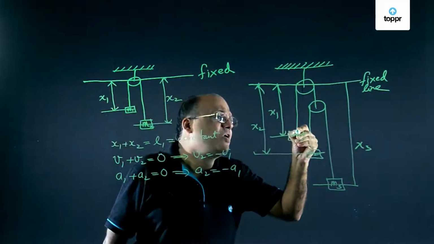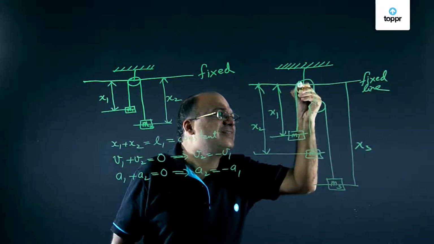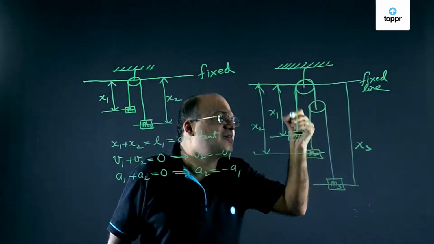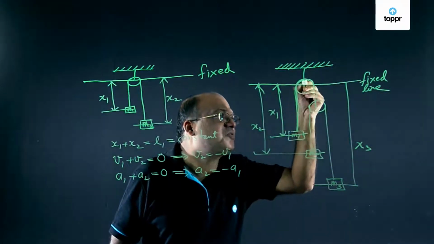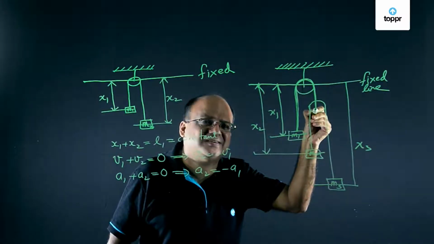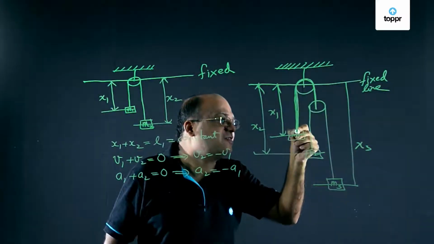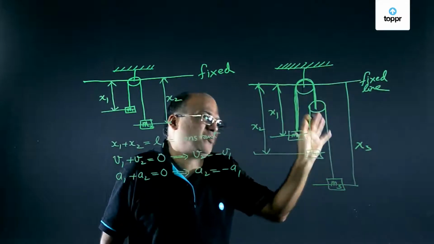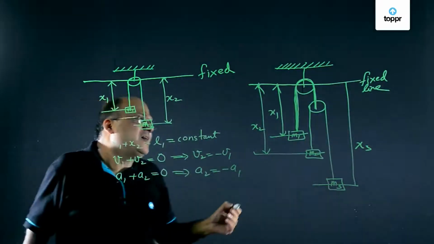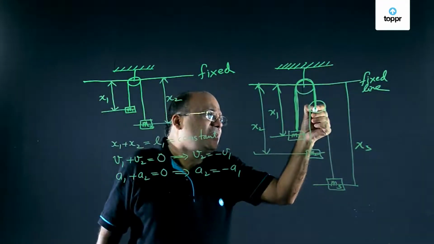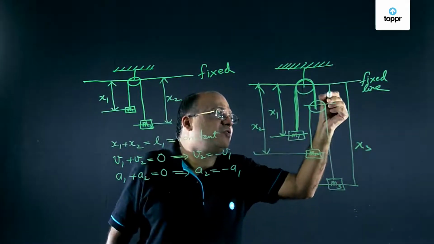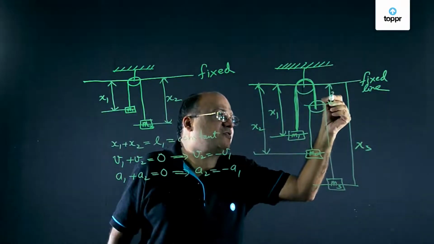Now we'll write the equation for each string. This string starts from here, goes down like this and ends here. So the length of this string is this plus this, approximately. Now this is a pulley. This distance also, we have to give it a variable name, so we give it x4.